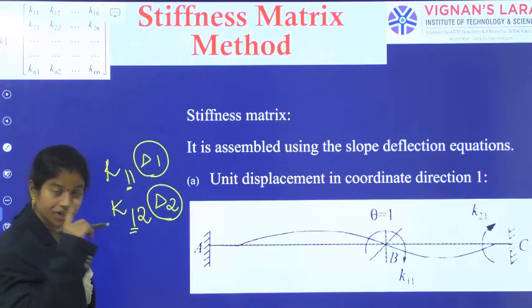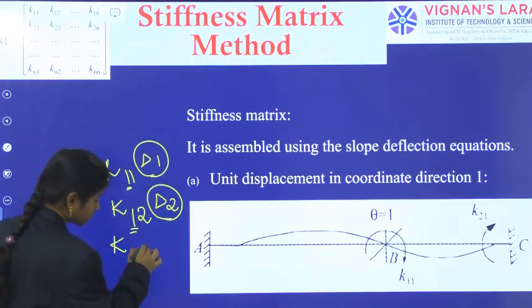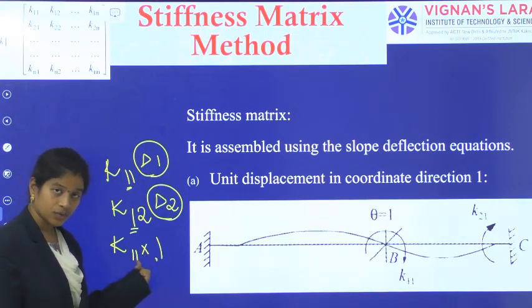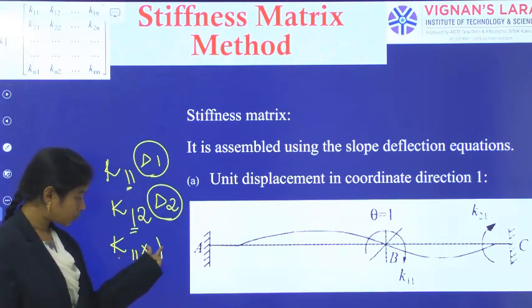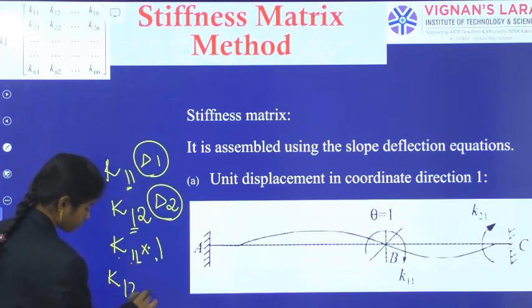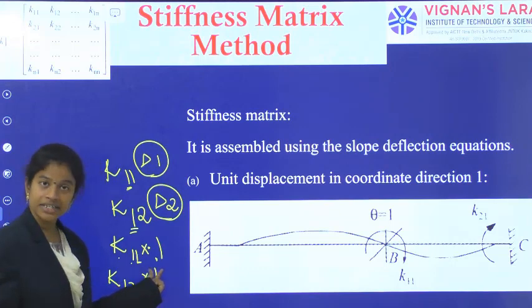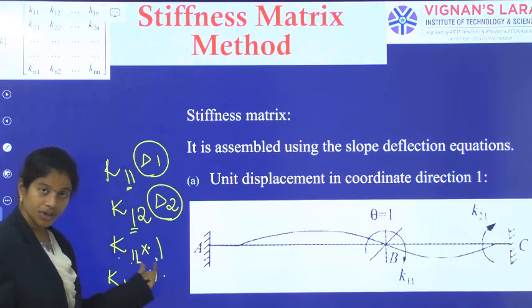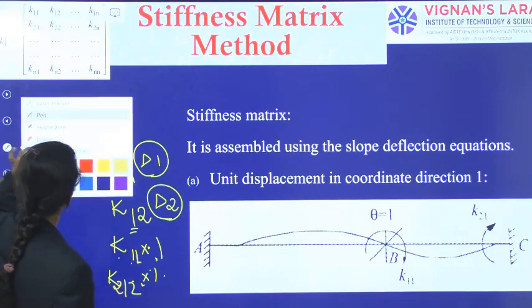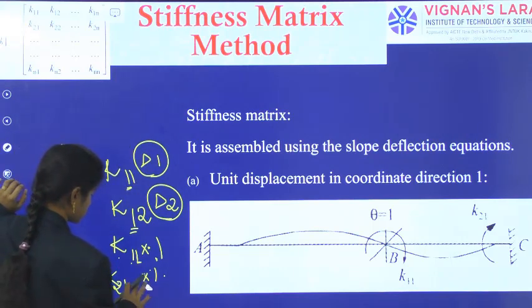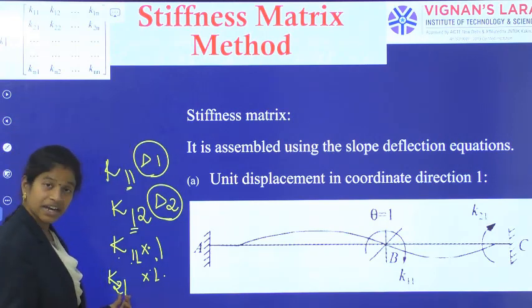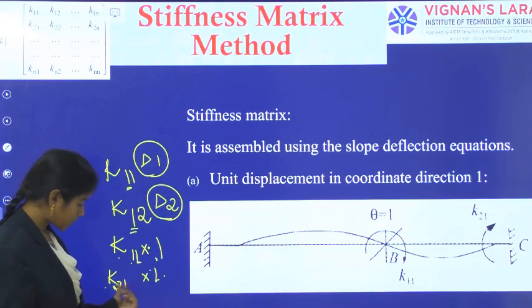And here 1 unit displacement. So, K11 into 1. So, due to unit displacement at 1, force developed at 1. Unit displacement at 1, force developed at 2. That is K21.